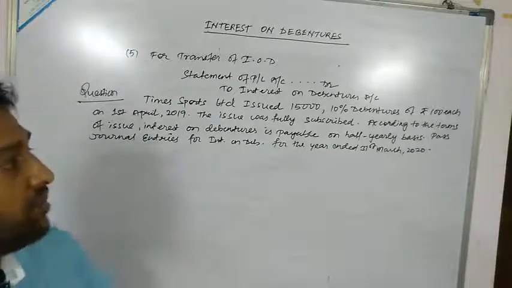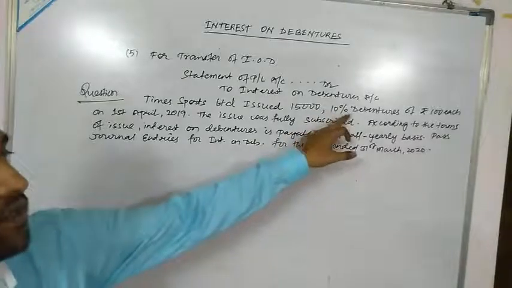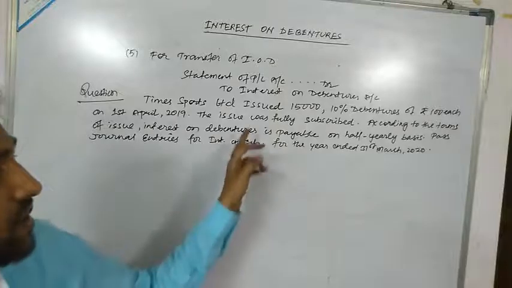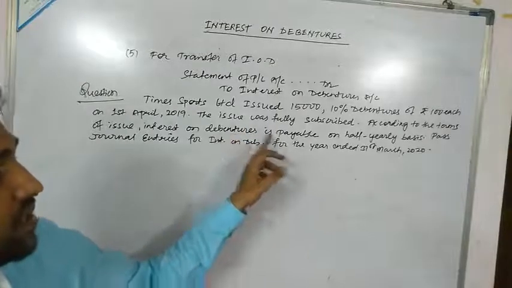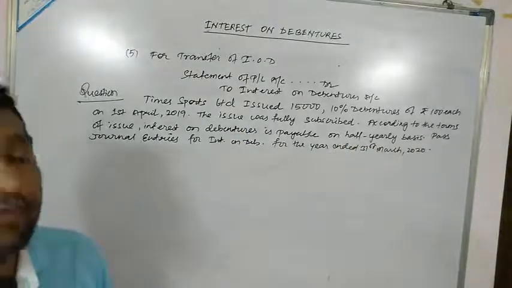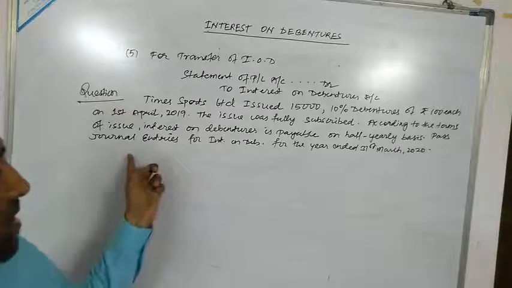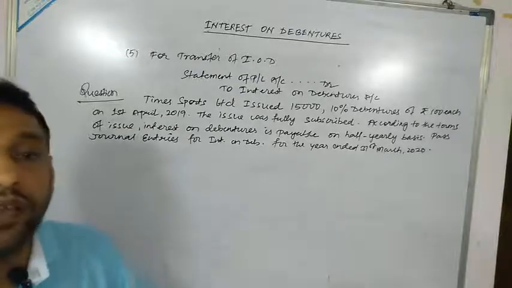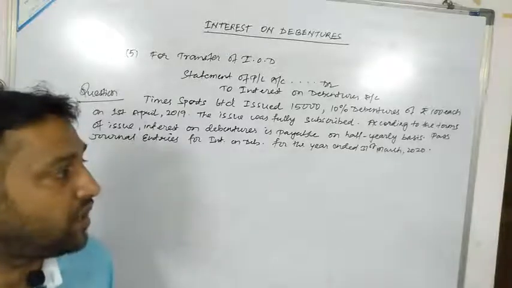That means कंपनी इशू कर रहा है 15,000 10% डिबेंचर्स, 100 रुपए के हिसाब से. ठीक है, और टर्म्स कंडीशंस क्या है? डिबेंचर्स इंटरेस्ट इज पेबल ऑन हाफ ईयरली बेसिस. सो यू आर रिक्वायर्ड टू पास द जर्नल एंट्री फॉर इंटरेस्ट ऑन डिबेंचर्स फॉर द ईयर एंडेड 31st March 2020.